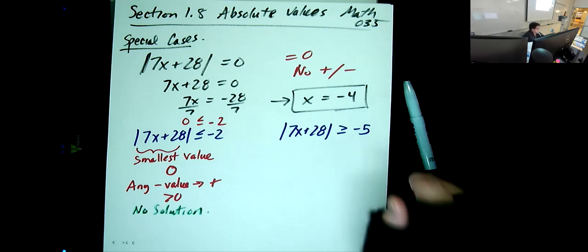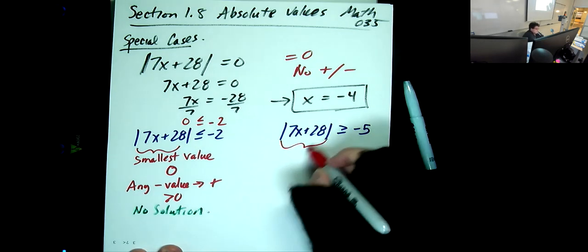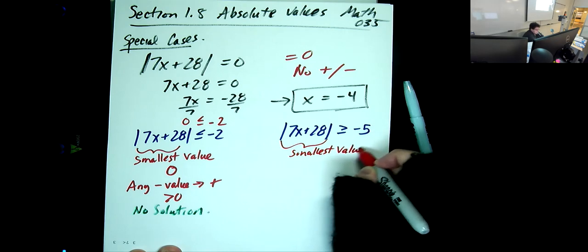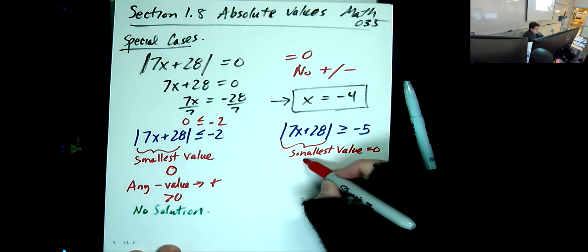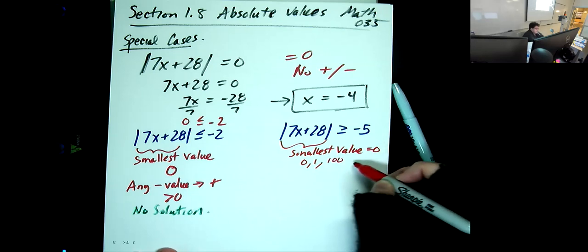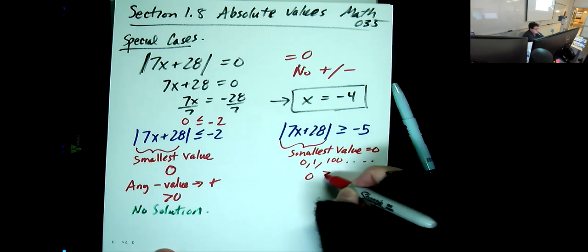Same logic applies to this one over here. Again, the smallest value is 0. So I could have 0, 1, a billion. But we look at the smallest one: 0 is greater than or equal to -5.